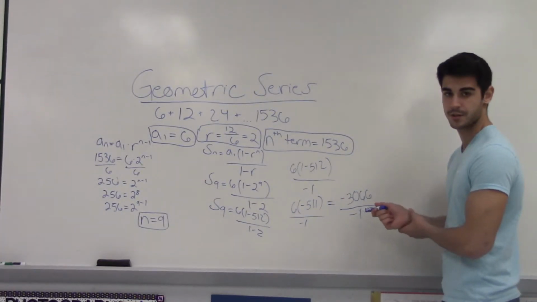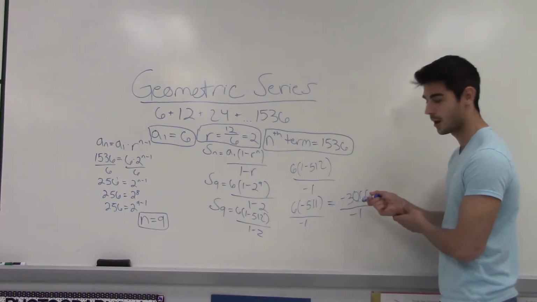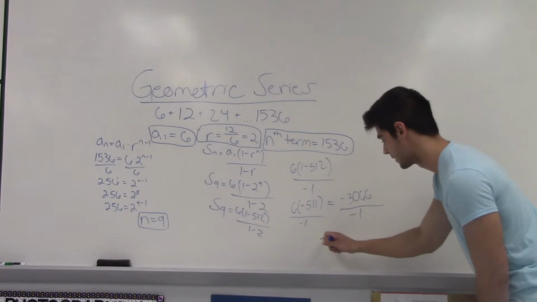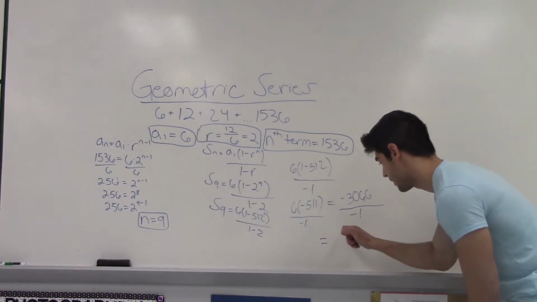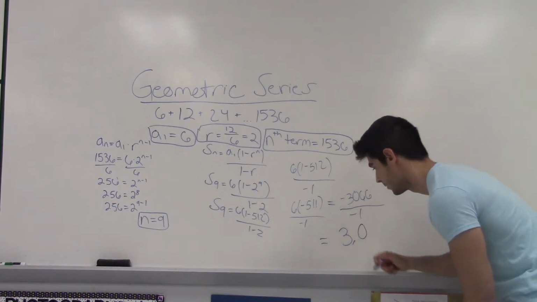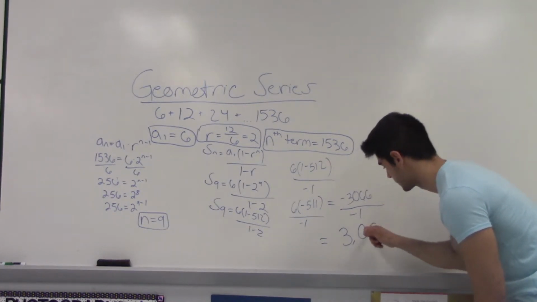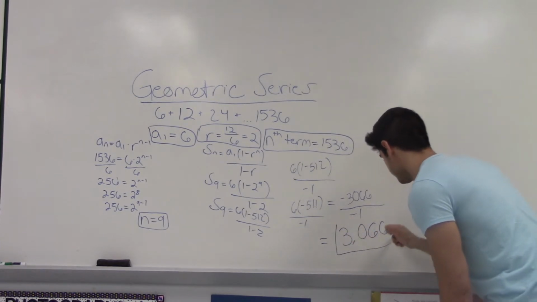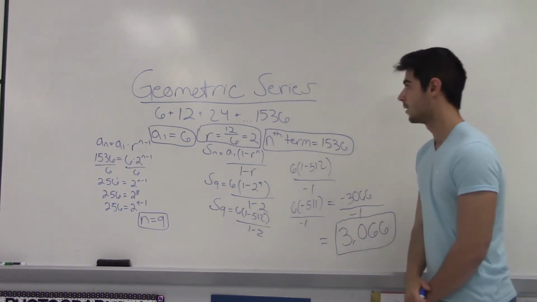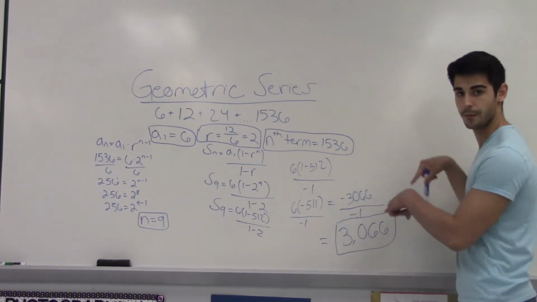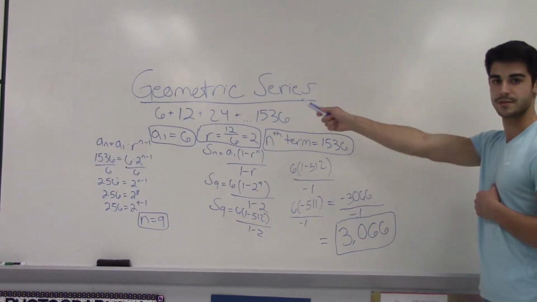Nothing much really changes here. This is just going to make it a positive number up top. So our final sum would be positive 3,066. Boom. That is how you find the sum of a geometric series.